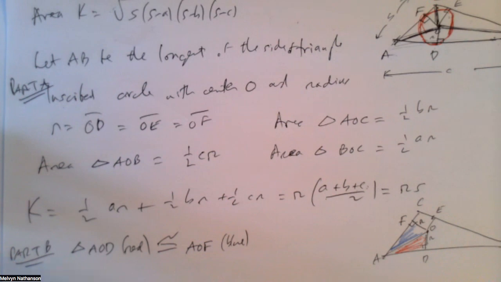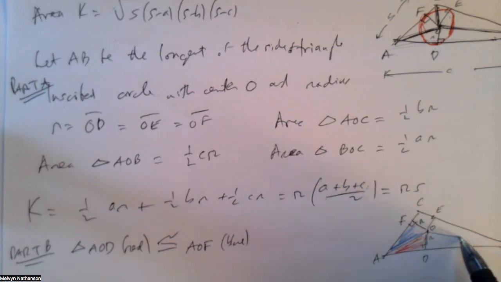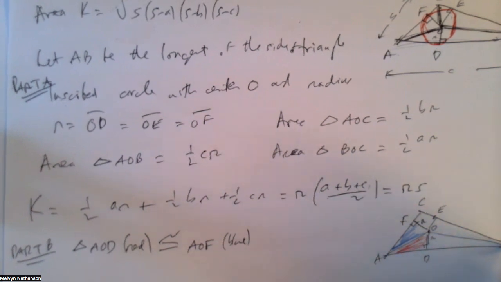And similarly, if I draw the line from O to B, this is a right angle, this is a right angle. They share the radii and the hypotenuse. These 2 triangles are going to be congruent.